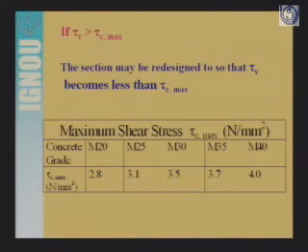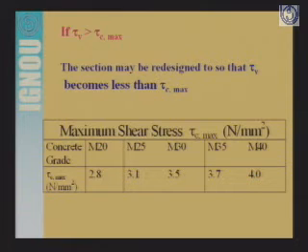And in our code IS 456, a table is given based on the different grades of concrete, where the values of their maximum design shear stress, tau c max, are given.